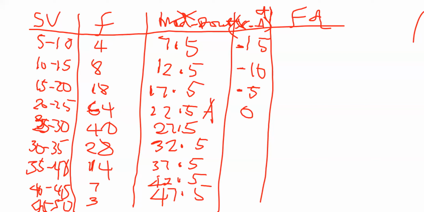This one is 5. This one is 32.5 minus 22.5. That is 10.